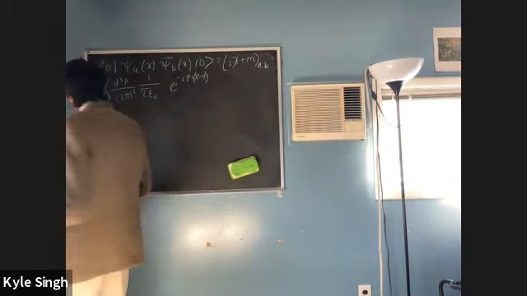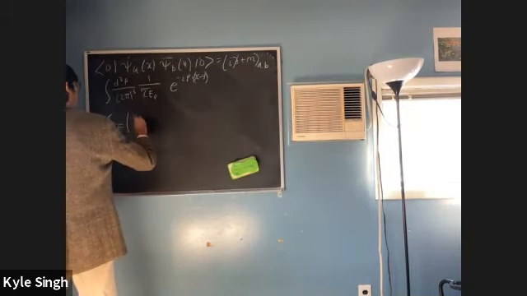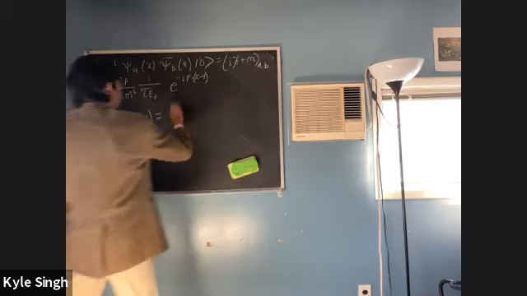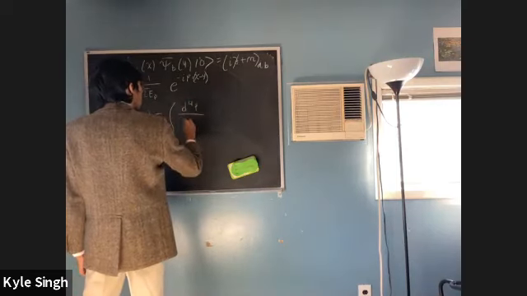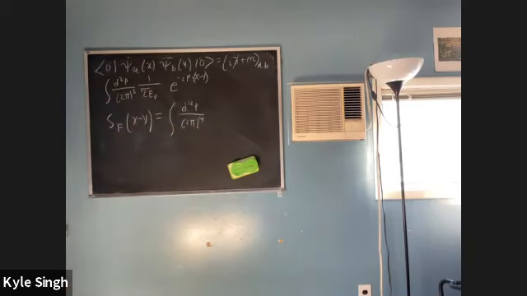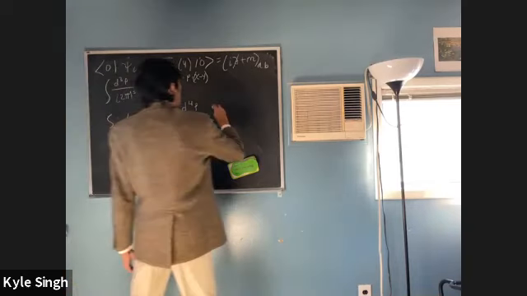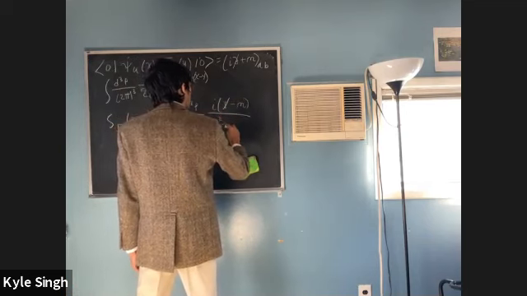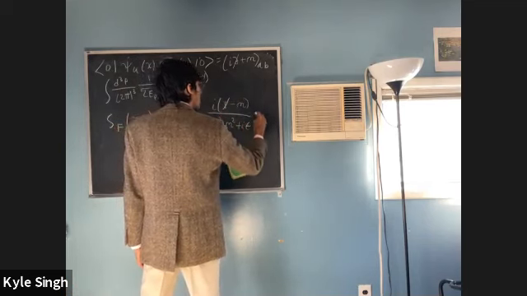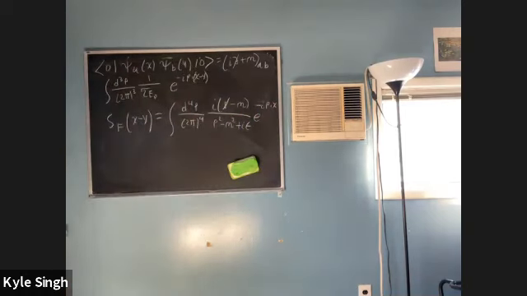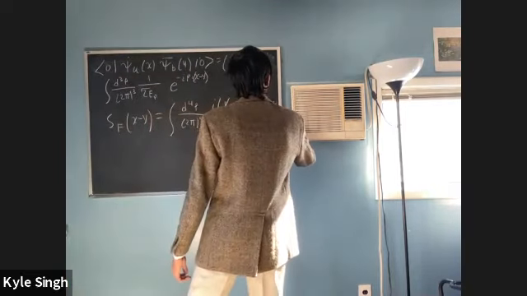It turns out if you work out everything, the Feynman propagator in fermion space, I use an S, is the integral d4p over 2 pi to the 4th, and this will probably be the version you're familiar with in your book: i times p-slash plus m over p squared minus m squared plus i epsilon, e to the minus i p dot (x minus y).